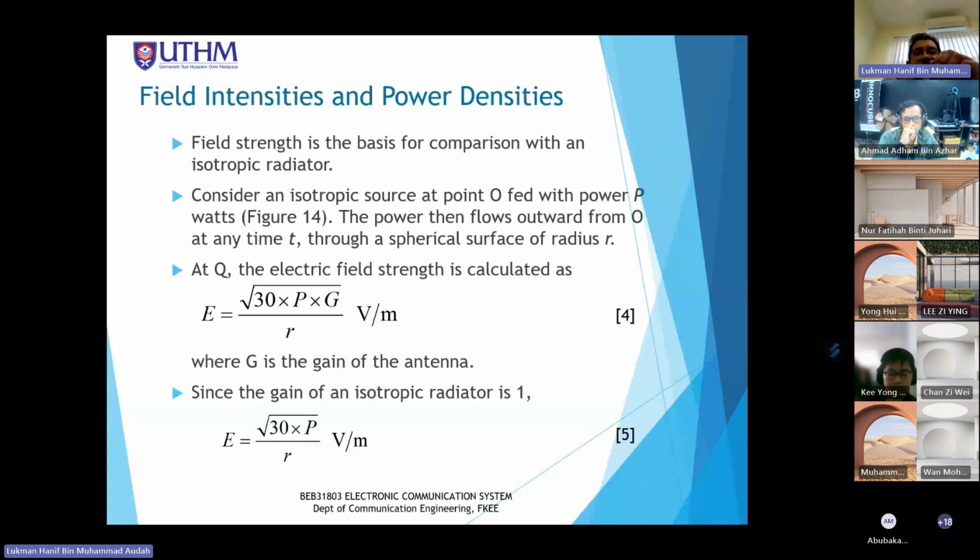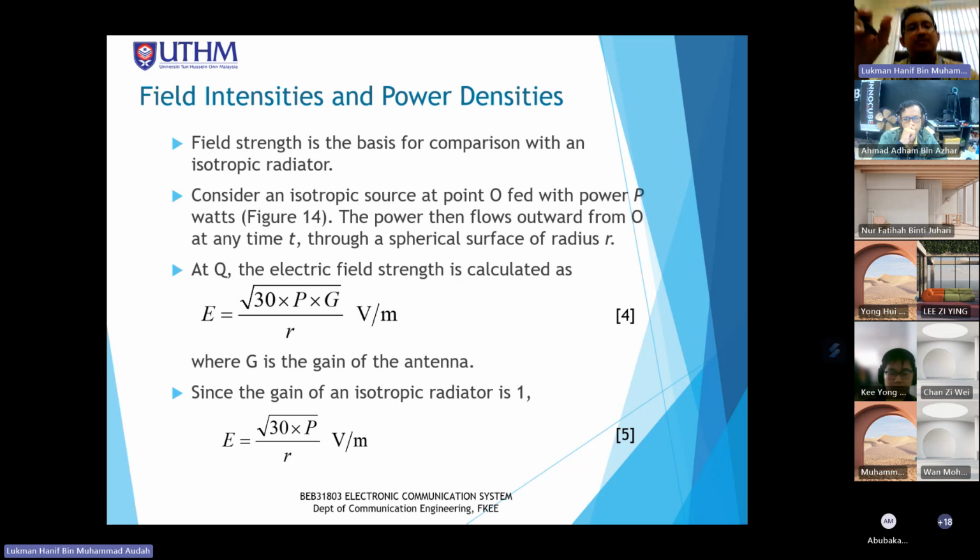Okay, the field intensity and power density. So this is the most important parameter, and it will come out in the exam. Okay, about the electric field and magnetic field, and also the power density parameter.